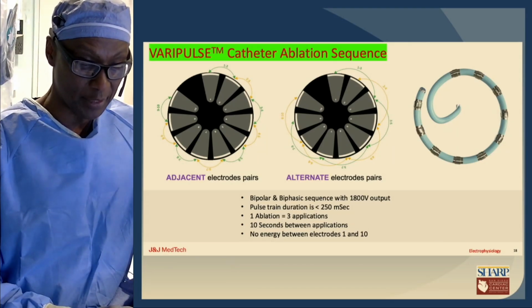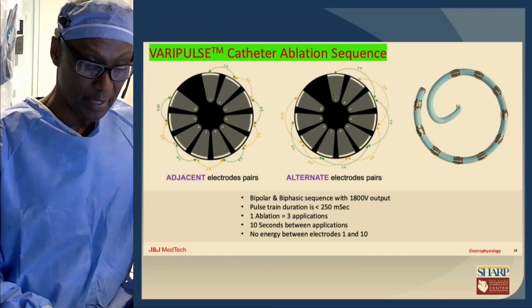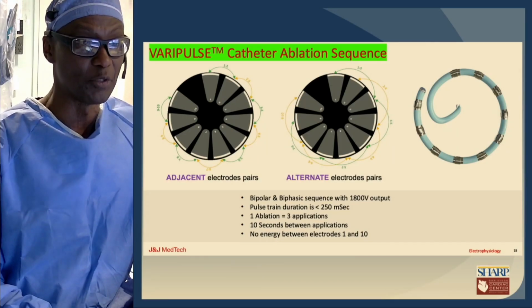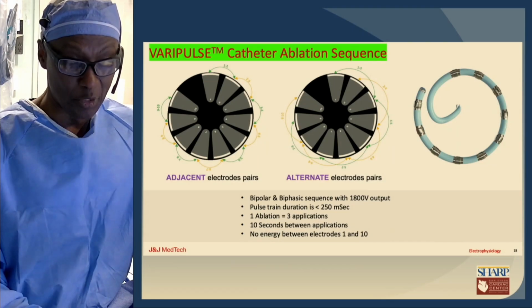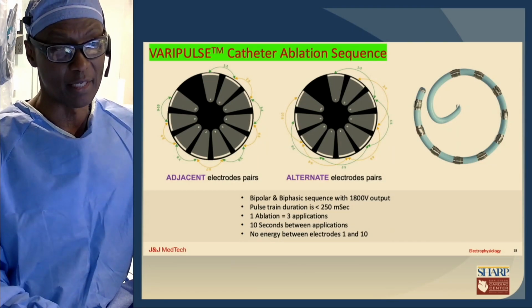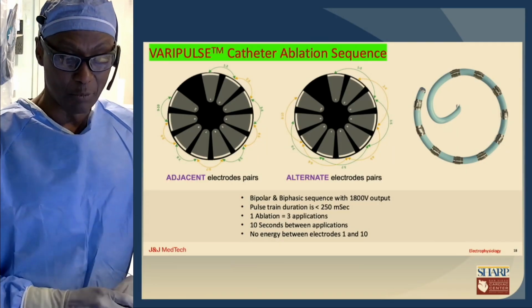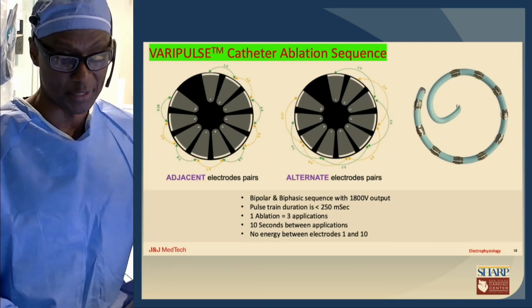Pulse trains are less than 250 milliseconds. With each application, there are 3 applications that are done. There are 10 seconds between each application, and there is no energy, and this is important, between electrodes number 10 and number 1. So when we rotate the catheter, we make sure that the area that was missing is actually covered.